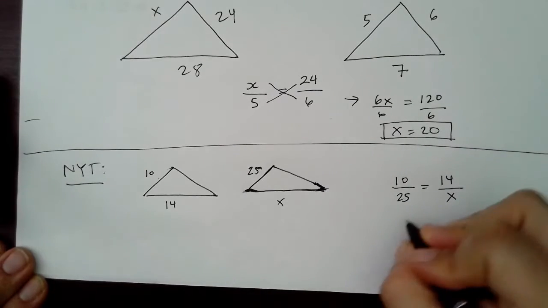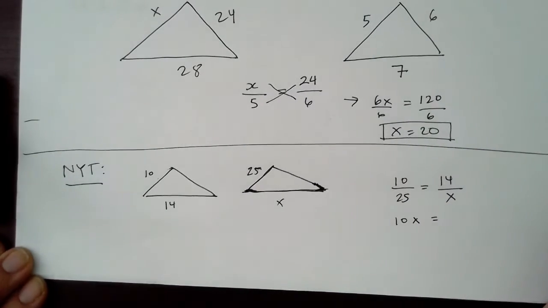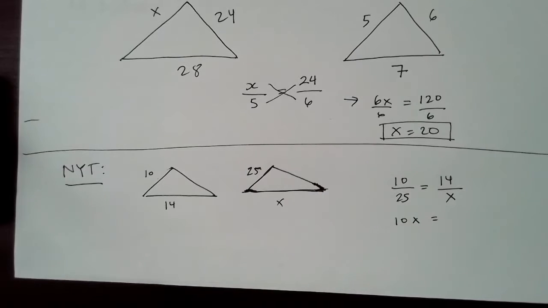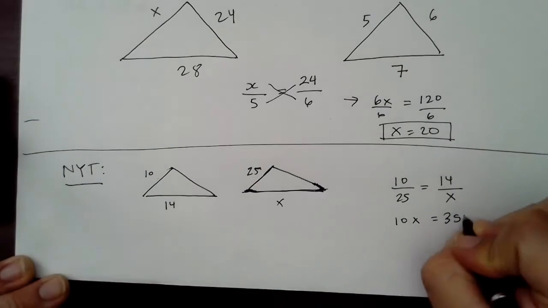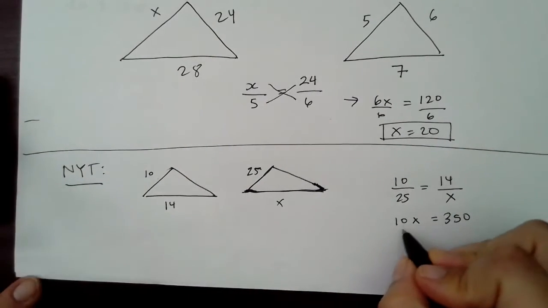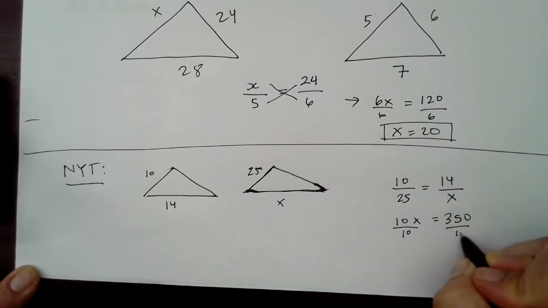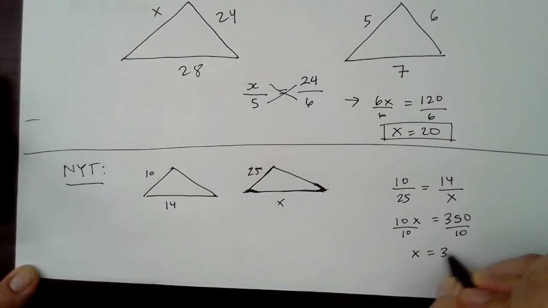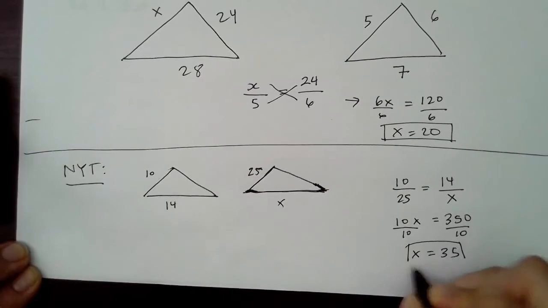Then we cross multiply, we get 10x is equal to 25 times 14, I have to actually think about this one. Let's see, 25 times 14, that should be 350. Okay, now solving for x, we divide both sides by 10. x is equal to 35, and that is it.